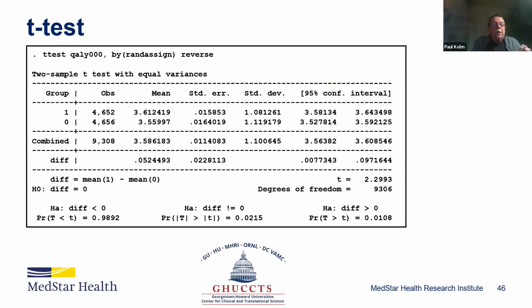So a little bit of difference, but not much. When we do the t-test, we get this difference of 0.05 in terms of the mean qualities between the two. And is this statistically different? Well, if we're testing the hypothesis that there is a difference, then we get a p-value of 0.02, which would indicate there's a difference between the two groups.